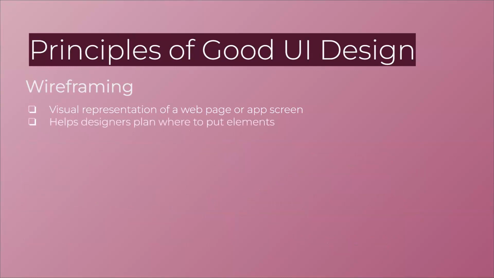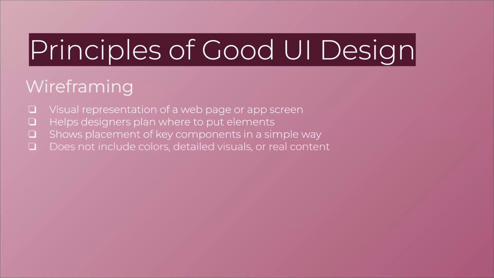It helps designers plan where to put elements like buttons, text, images, input fields, all these sorts of things. To that effect, it shows us the placement of key components and the overall page structure. But very importantly, it does not include colors or any detailed visuals or any real content.